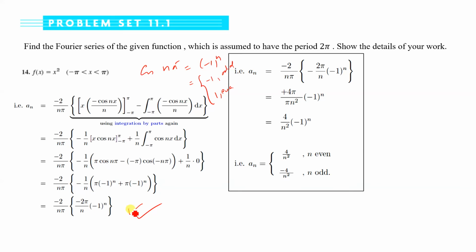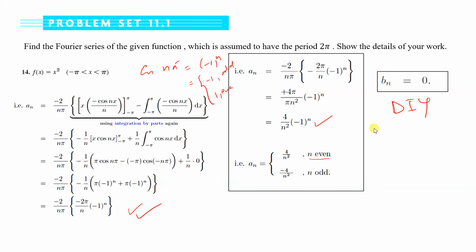So after simplification we have this value of an. For n even, since minus 1 to the power of an even integer is equal to 1, we have 4 over n square, and when n is odd, this is negative 4 over n square. And bn is equal to 0. You can calculate it yourself. Bn is equal to 0.